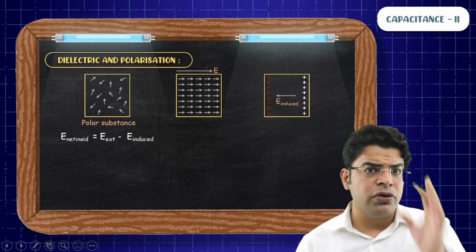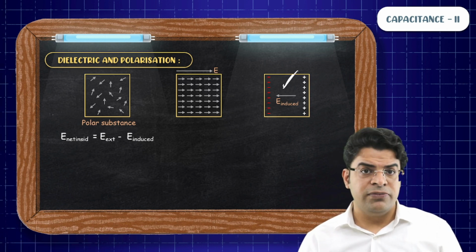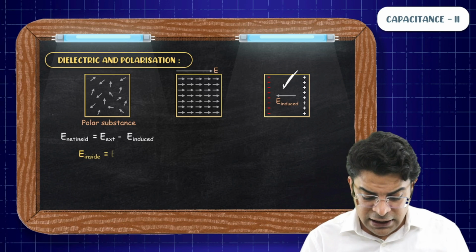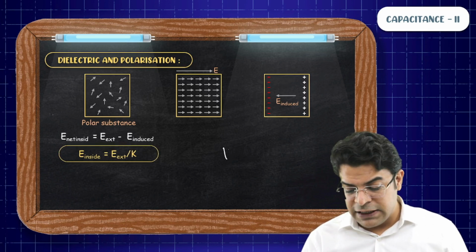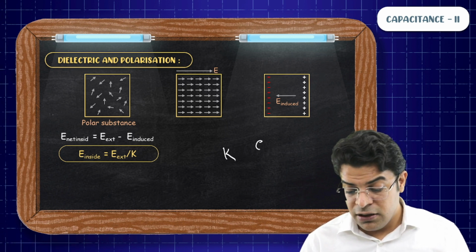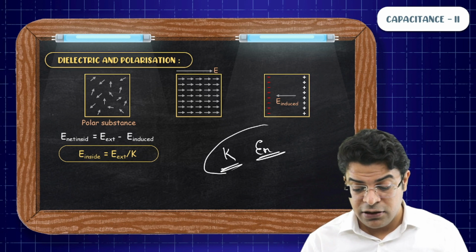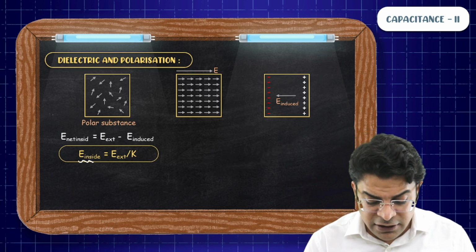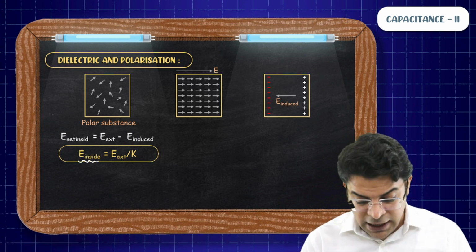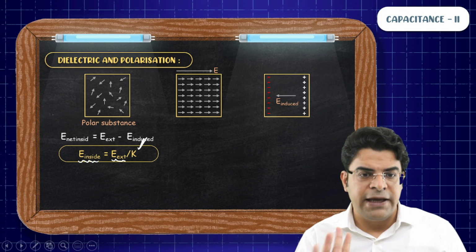So you need to remember that the net electric field inside the crystal is nothing but the electric field applied divided by the dielectric constant. Remember that the dielectric constant and relative permittivity are synonyms. They are one and the same thing. So the net electric field inside equals the applied electric field divided by the dielectric constant, which is K.